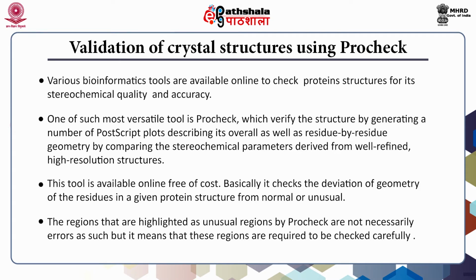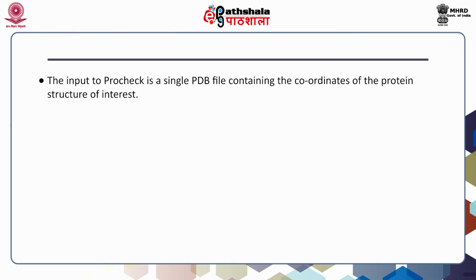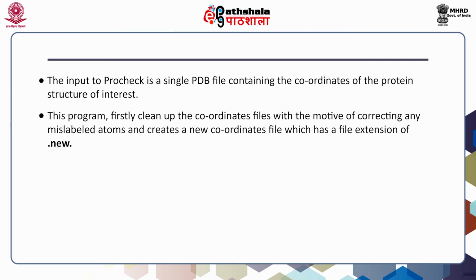The regions that are highlighted as unusual by ProCheck are not necessarily errors as such, but it means that these regions need to be checked carefully. The input to ProCheck is a single PDB file containing the coordinates of the protein structure of interest. This program first cleans up the coordinate file with the motive of correcting any mislabeled atoms and creates a new coordinate file which has an extension of .new.